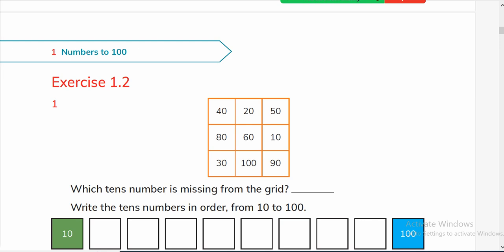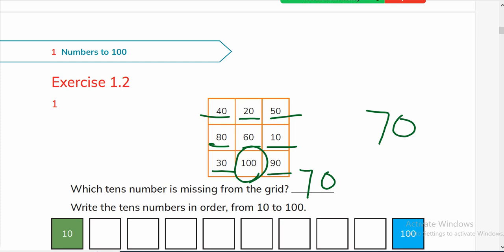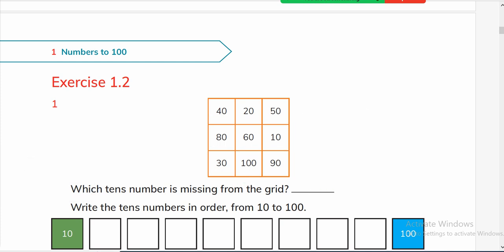It is 10, 20, 30, 40, 50, 60, 70 is missing, 80, 90, and 100 is written. Which tens number is missing from the grid? 70 is missing. Okay, they are not arranged or organized in any manner. They are just random numbers written in a chart.